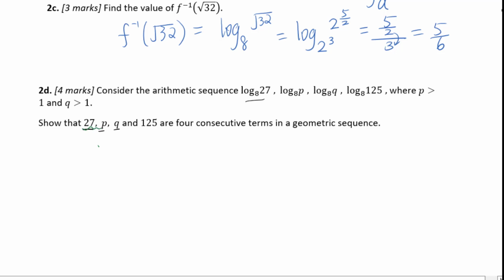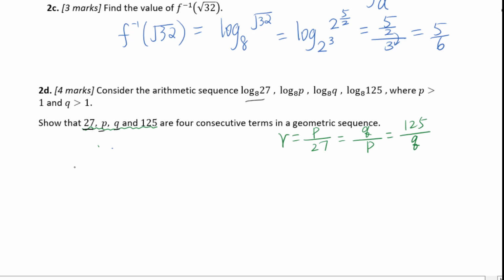If they are, we need to show that the common ratio r equals p over 27 equals q over p equals 125 over q.